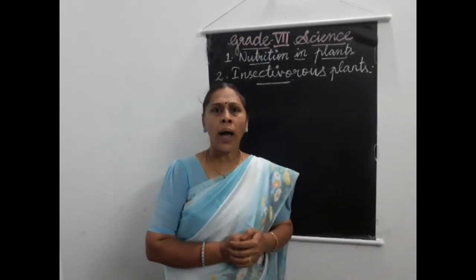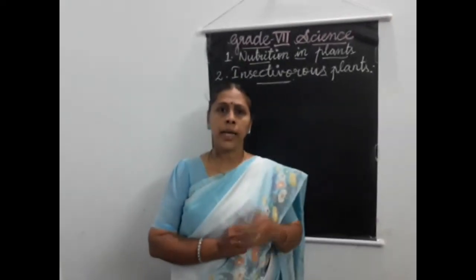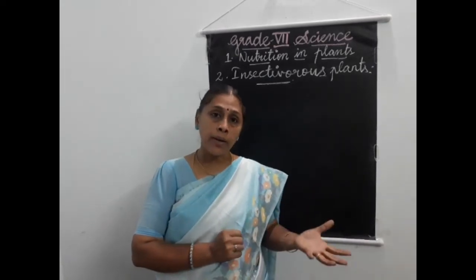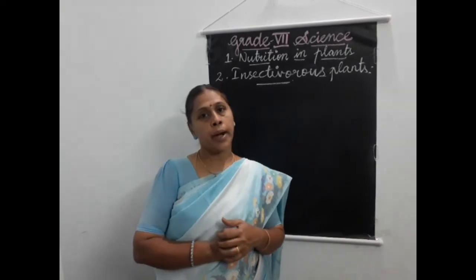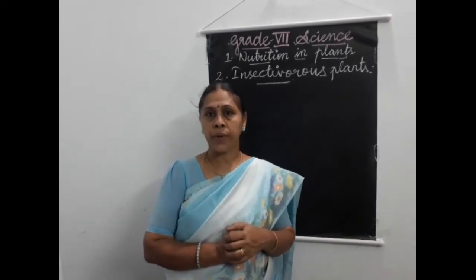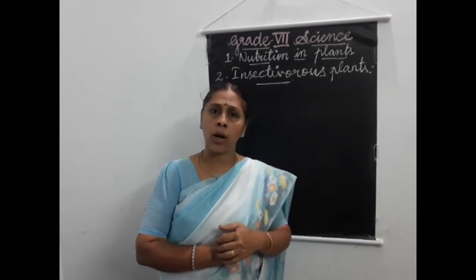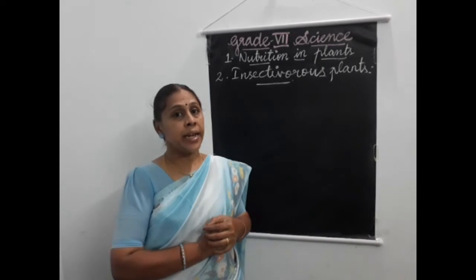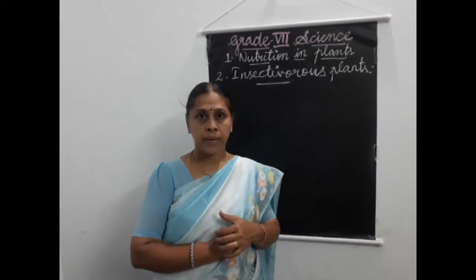Okay. Why do these plants kill the insects? They prepare their own nutrients, absorbing water and minerals from the soil and carbon dioxide from the atmosphere, trapping the sunlight. Why should they kill the insects? Because plants need nitrogen, as we already discussed.